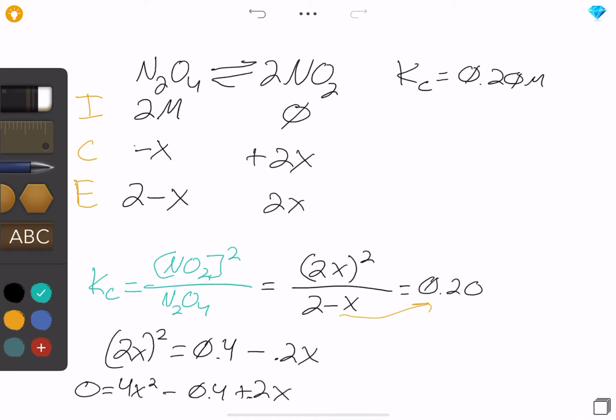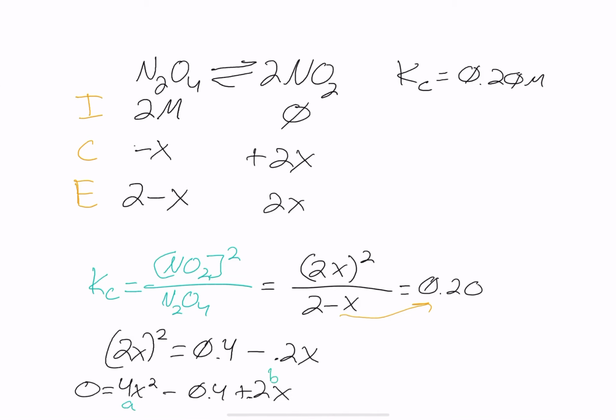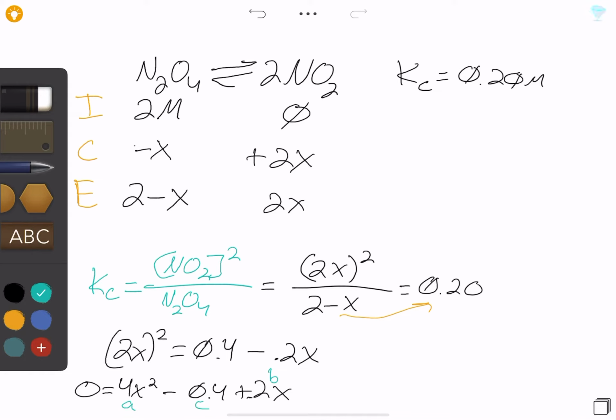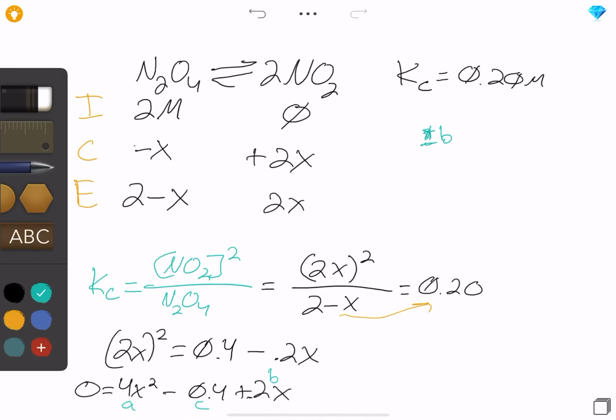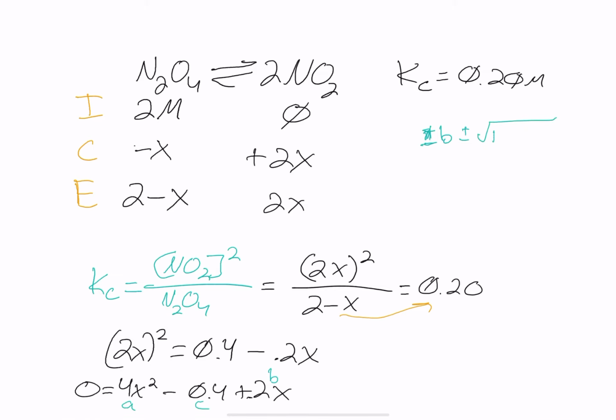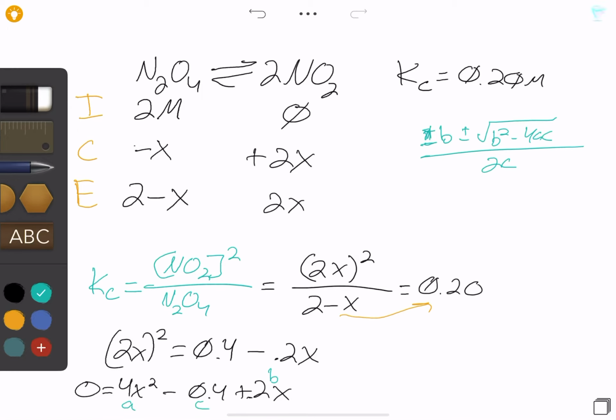So remember, the quadratic, here we have A, here we have B, and C. So the quadratic formula is opposite of B plus or minus the square root of B squared minus 4AC all over 2A. If we plug this into our calculator, we're going to end up with two values of x.